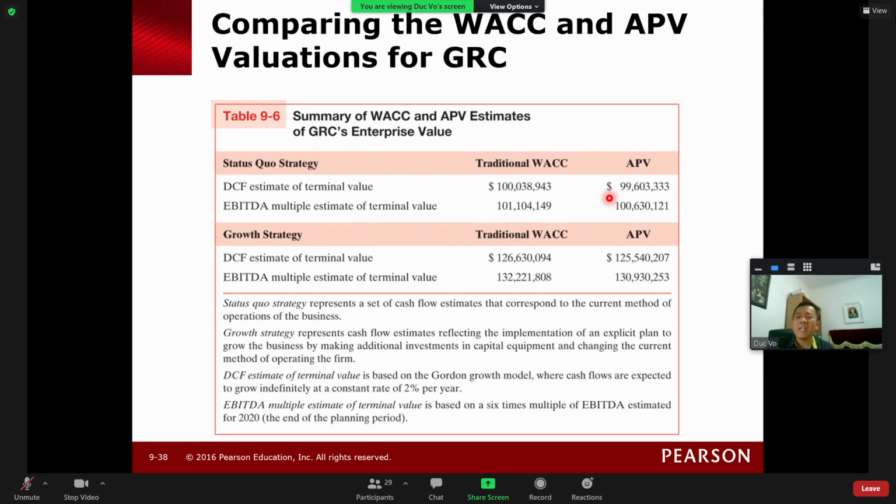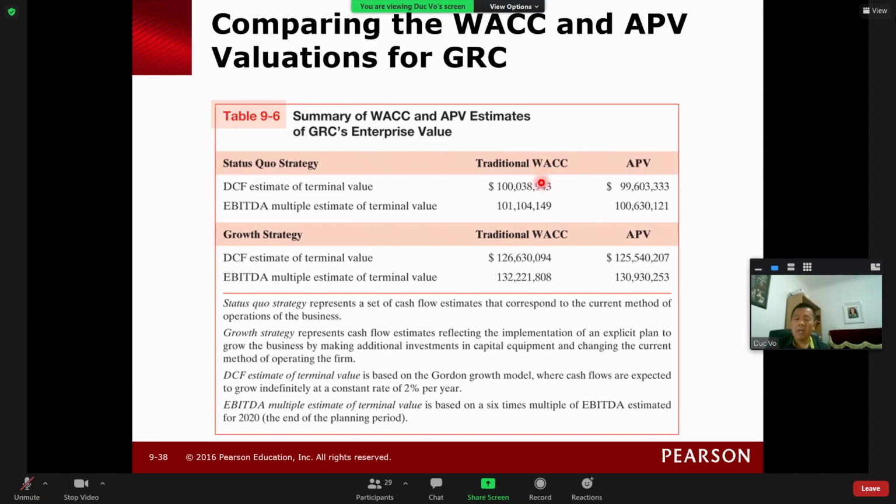Because it will be very confusing if you come to the board meeting and present, let's say, using the cost of capital the number is 100, and using the adjusted present value the number is 150. It becomes very, very confusing.